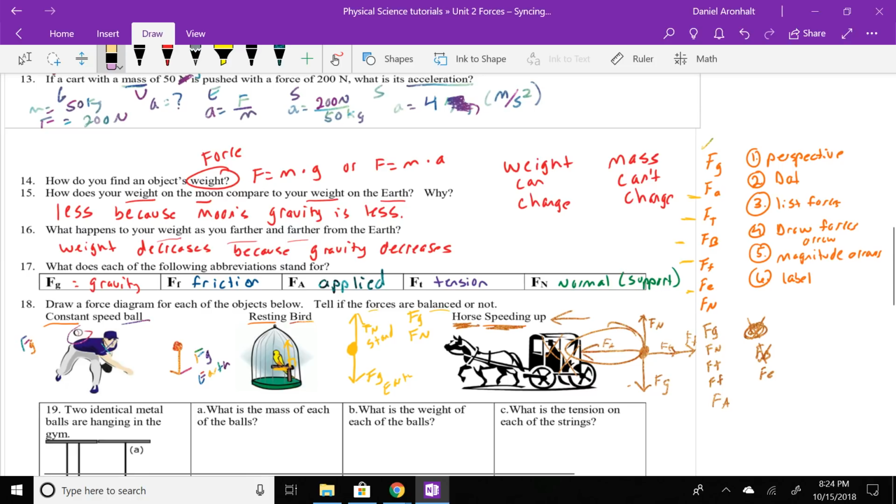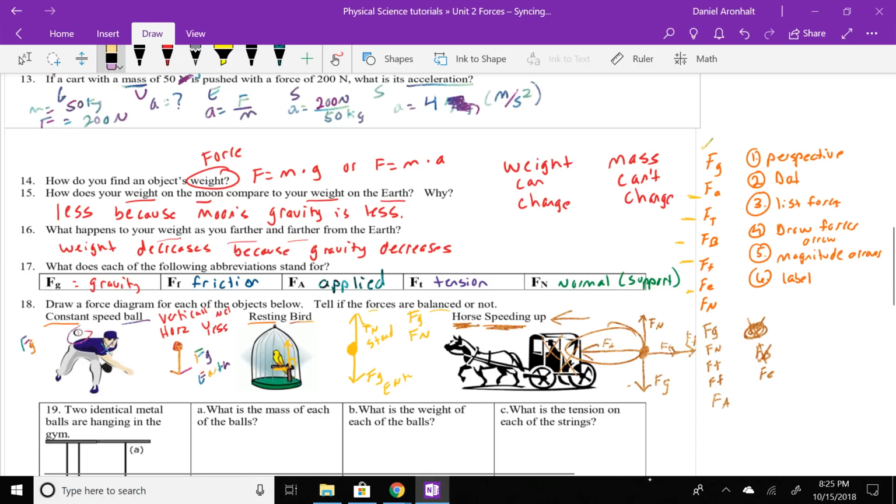Okay. Next, the bird. Are the forces balanced? Vertically and horizontally, the bird's balanced. Now, for the horse, vertically, the forces are balanced. But horizontally, no, because it's speeding up. Okay. So for the ball, vertically, not balanced, but horizontally, it is balanced.